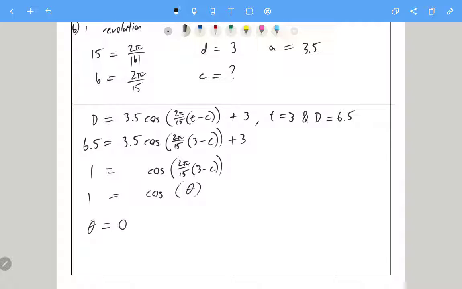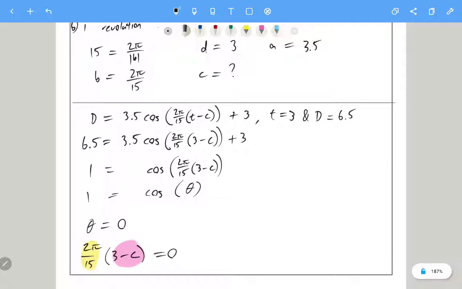But in this case, we can just undo that substitution, and we get 2 pi over 15 times 3 minus c equals 0. By null factor law, either this has to be equal to 0 or this has to be equal to 0. And in this case, therefore, c has to be equal to 3.